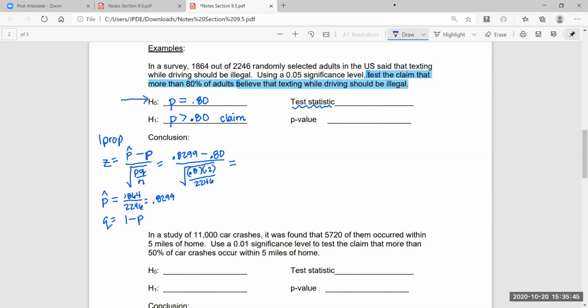This is a calculator problem now. If you're somebody that's trying to put the whole thing in your calculator at once, put parentheses around the top. And when we do that, I get 3.54. So maybe pause the recording for a second. Make sure you get the same thing I get.